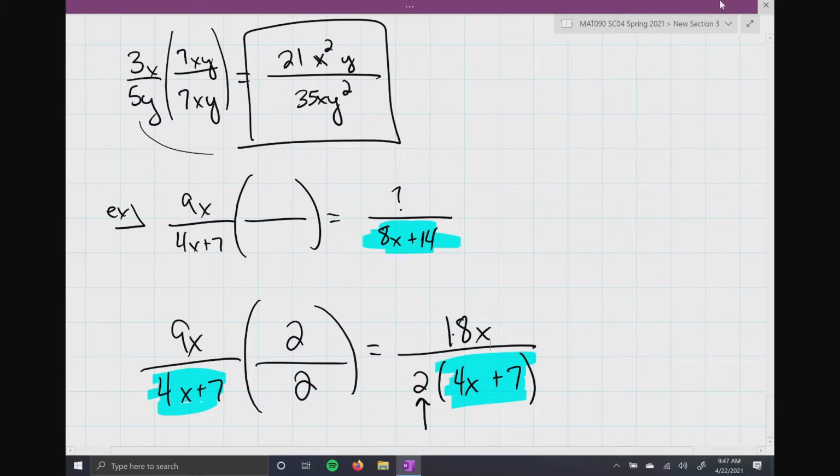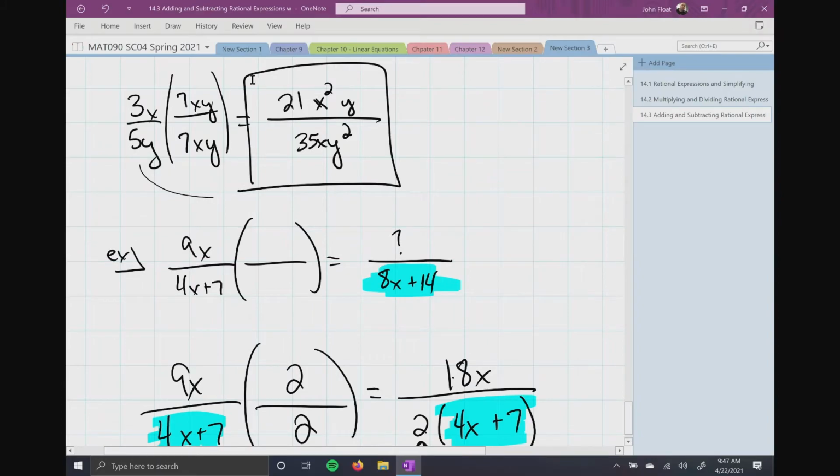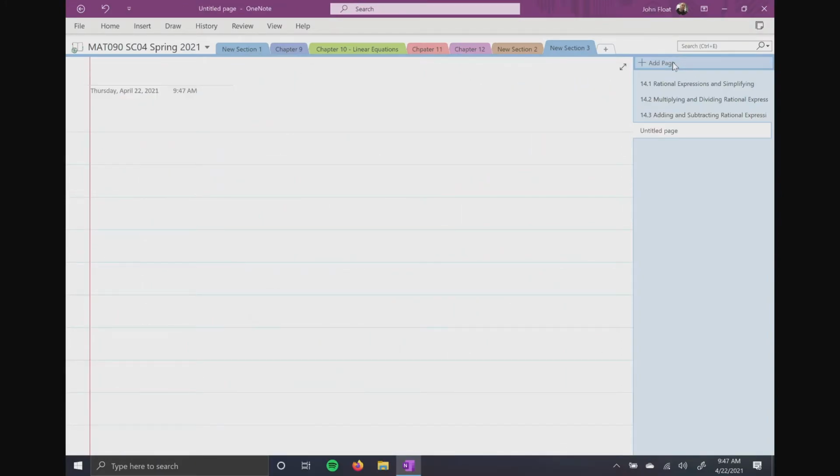So let me go ahead and just type it in. 14.4 is going to be adding and subtracting rational expressions with unlike denominators.